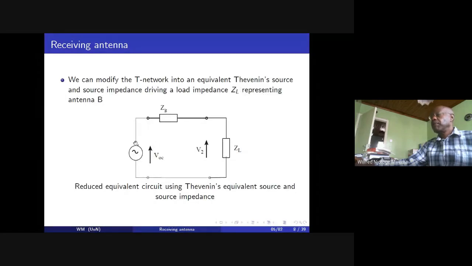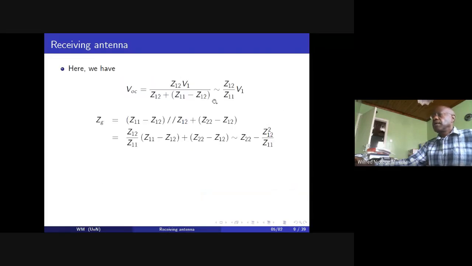That is, we have the open circuit voltage of the Thevenin source, its source impedance given by ZG, and the load itself out there, and this is the voltage at the output of the T network, that is V2. And here we therefore have that V open circuit is going to be given by the reverse transfer impedance Z12 V1 over Z12 plus Z11 minus Z12, which is approximately Z12 over Z11 V1.